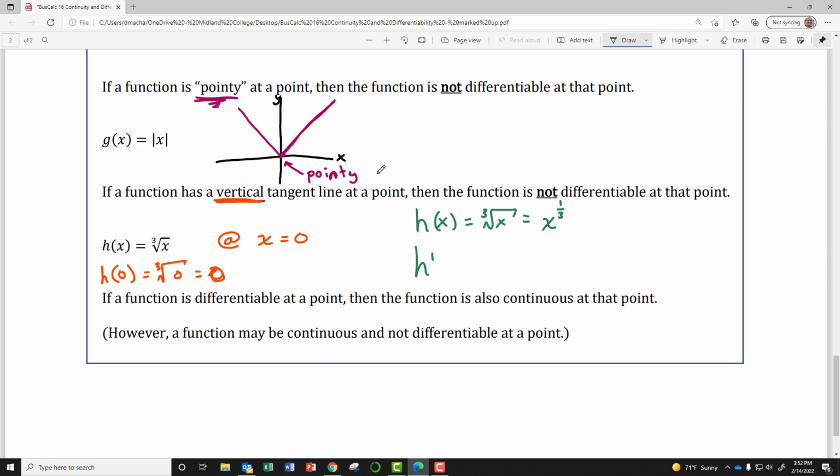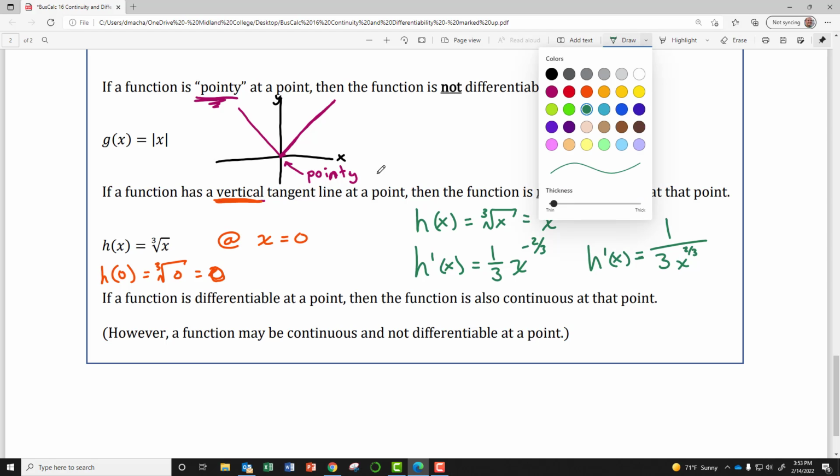Then, when I use the derivative power rule, we're talking about 1/3 x to the power negative 2/3. And the negative in that exponent means I put it in the denominator. So I can rewrite this derivative as 1 over 3 x to the power 2/3.